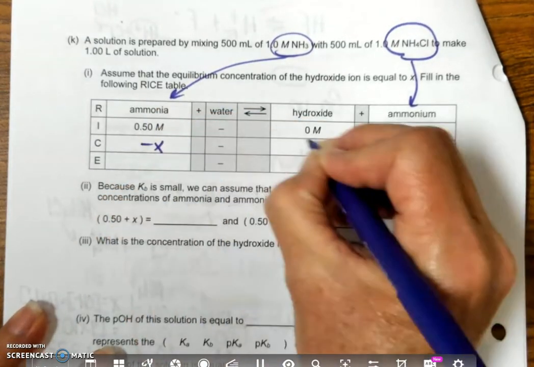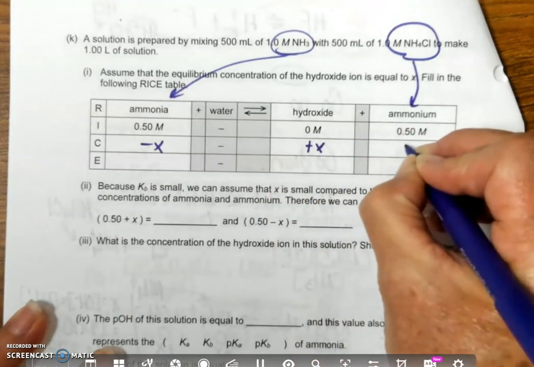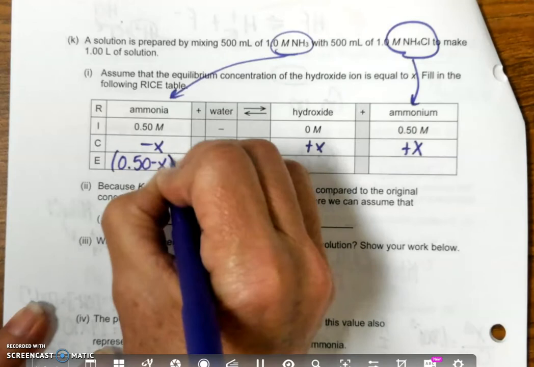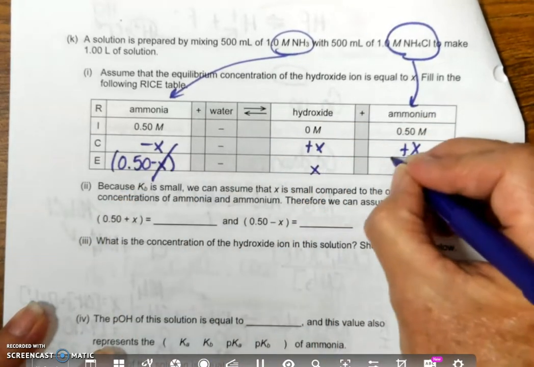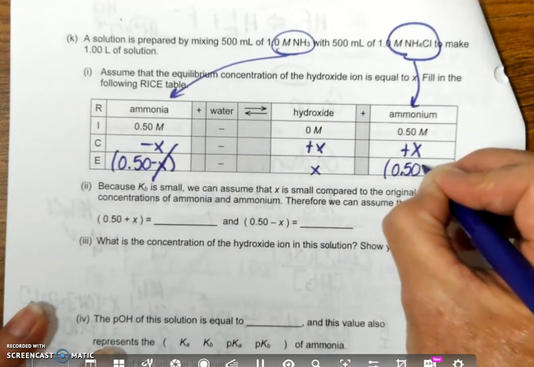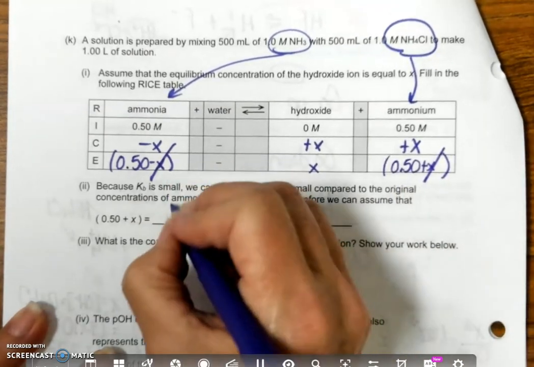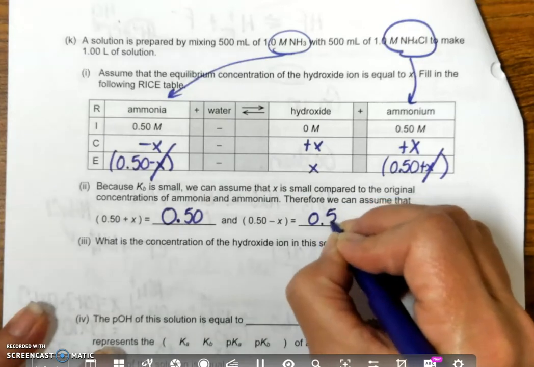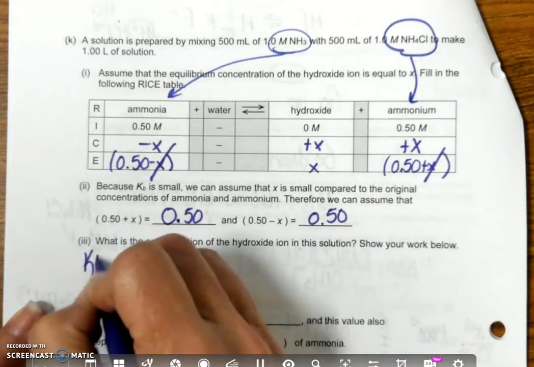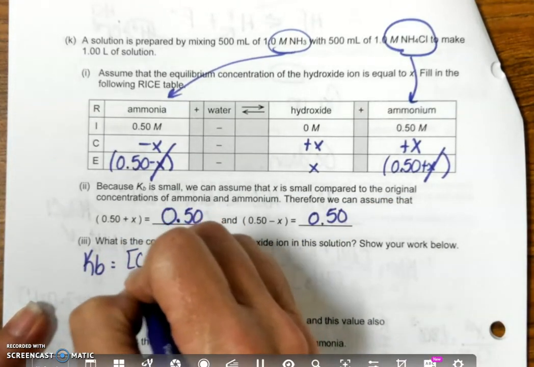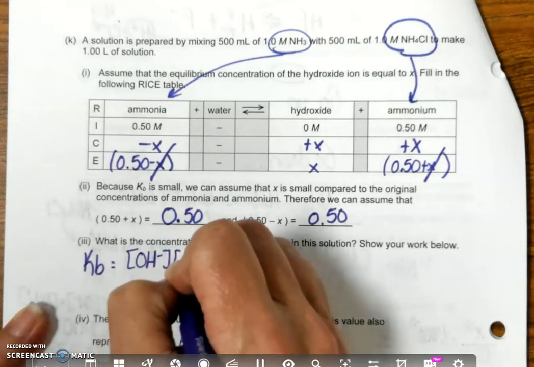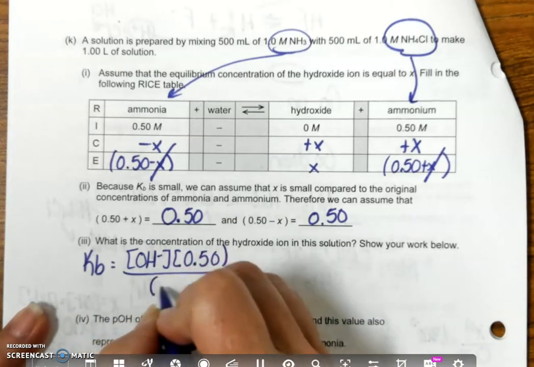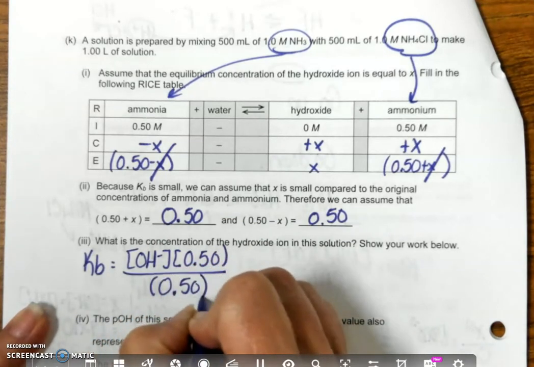Then this is minus x, plus x, plus x, 0.50 minus x, but I don't need that. And 0.50 plus x, but I don't need that. So this is 0.50 and this is 0.50. So Kb is equal to the concentration of hydroxide, so I'm 0.50 divided by 0.50.